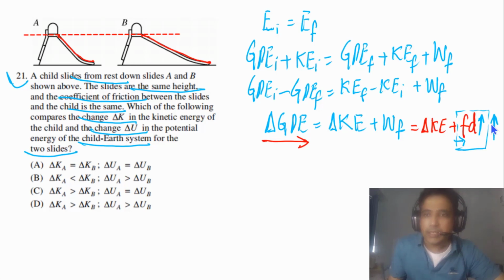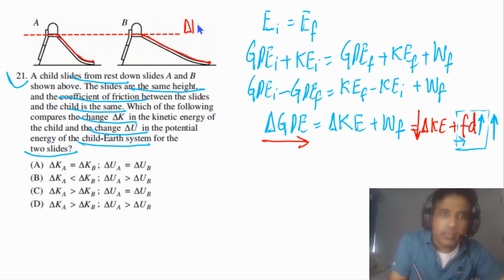If work done against friction is greater, the change in KE will be lower. So in this case delta K will be lower because work done against friction is greater.